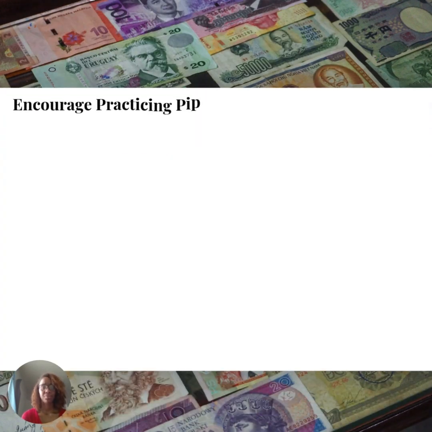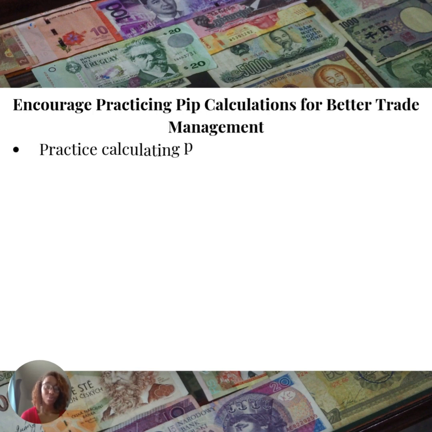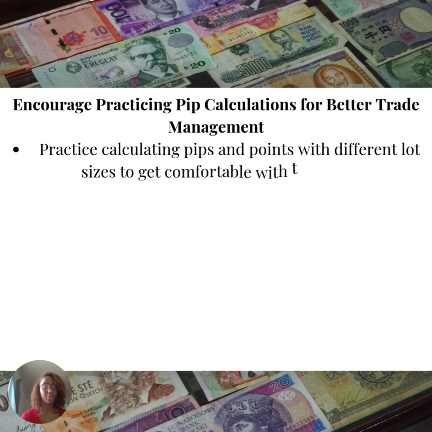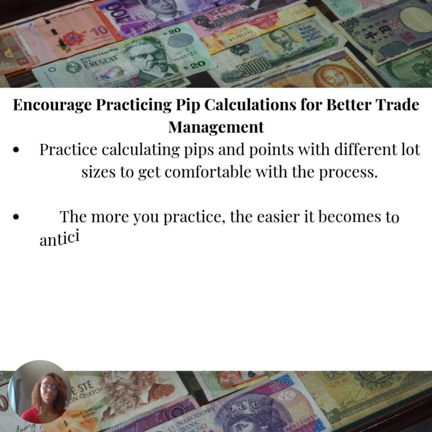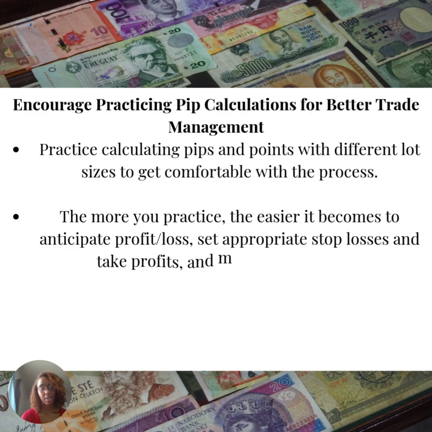And lastly, in this video, I've also emphasized encouraging you to practice pip calculations for better trade management. Practice calculating pips and points with different lot sizes to get more comfortable with the process. What does that mean?